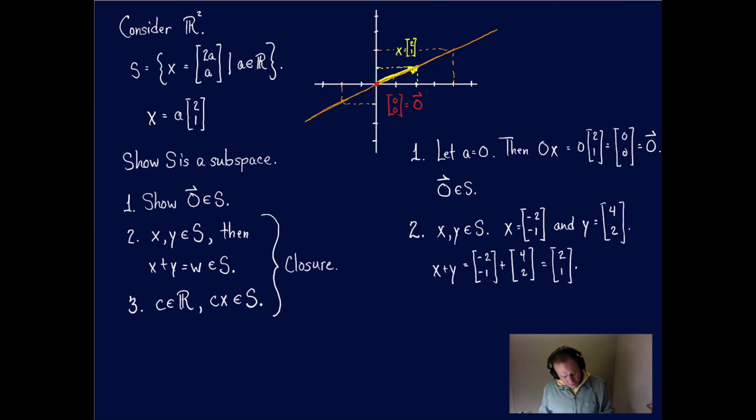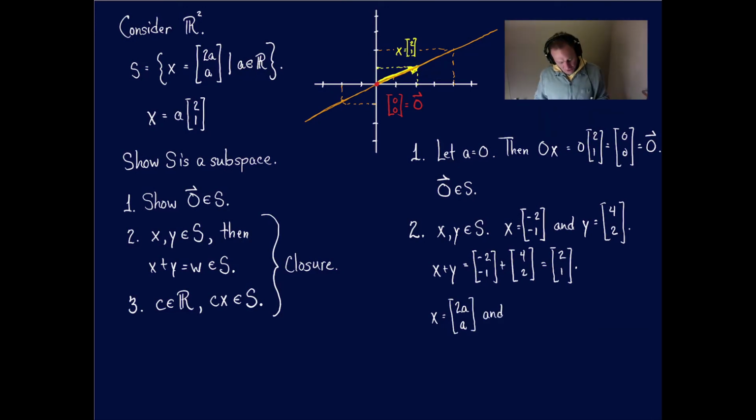The general approach would be that x is of the form 2 times a, a. And y would be some other scalar, we'll use c. So it'd be 2c and then 1c, or just c. Let's see in the general case what this would look like.